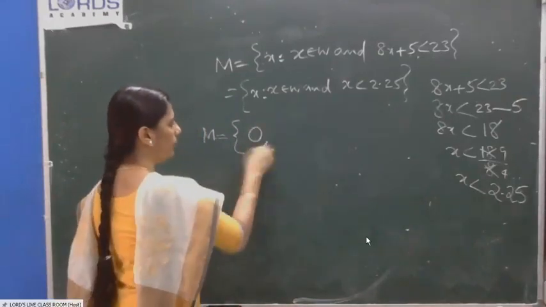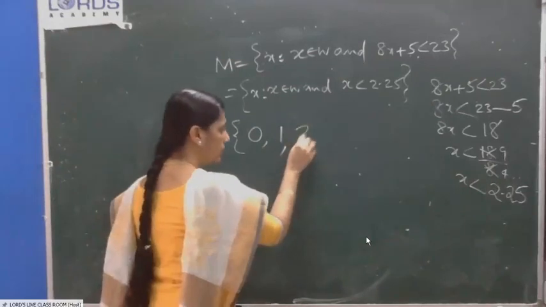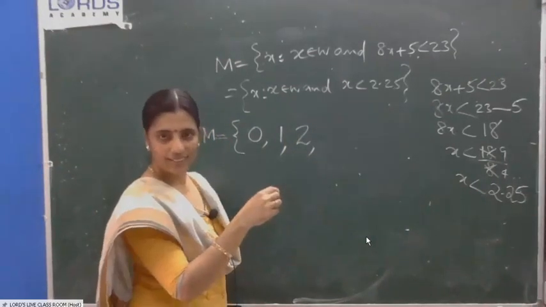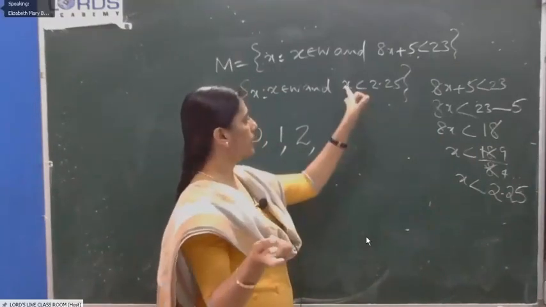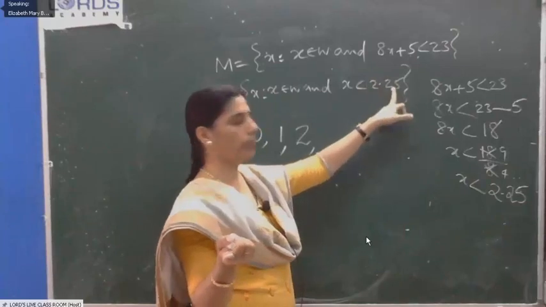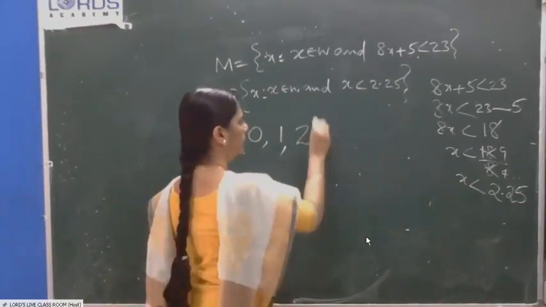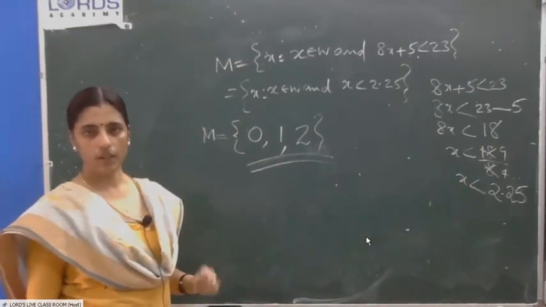So 0, then 1, then 2. Then 3? Can you write 3? No, because they told that x should be less than 2.25, and 3 is more than 2.25. So this is the answer. Clear? 0, 1, 2.